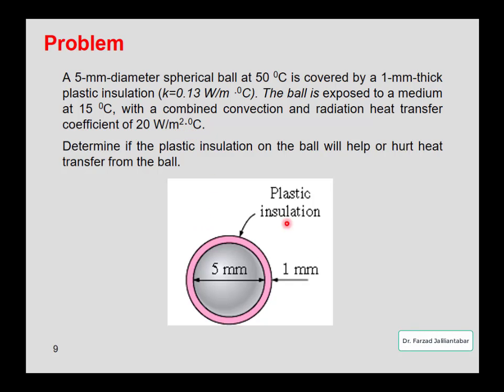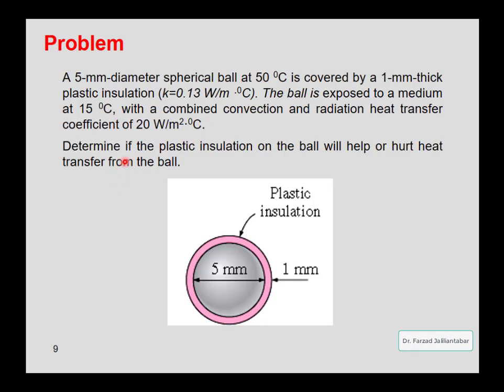So the medium around this has convection heat transfer with the surface of this ball, and also we have radiation heat transfer. The coefficient for this, which is h, is 20 watt per meter square degree Celsius.